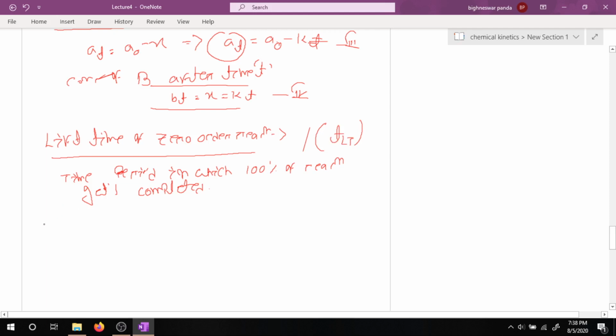At TLT, 100% completion of the reaction means zero concentration of reactant will be left.